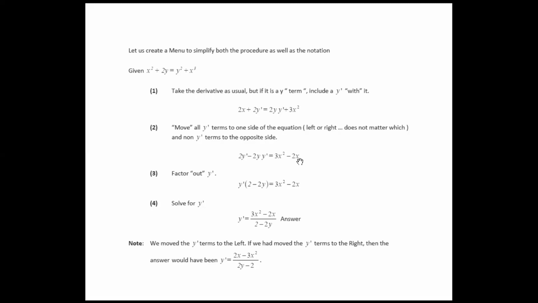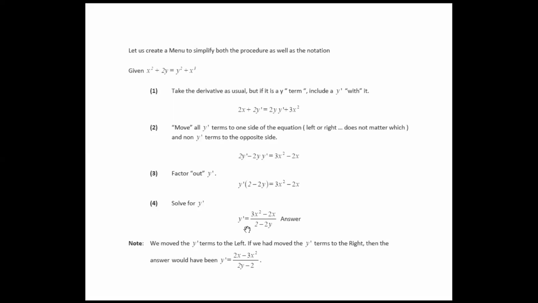That's what we've done. So that's step 2. What did we do? We took the derivative as usual, but every time it's a y term, we put a y prime with it. What did we do in step 2? Get y primes on one side and non-y primes on the other. What are we going to do next? Factor out a y prime, and now solve for y prime by dividing each side by this, and there's our answer.